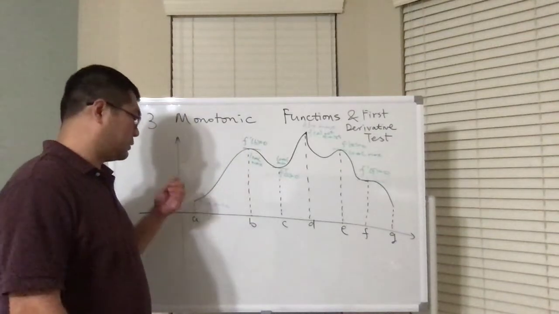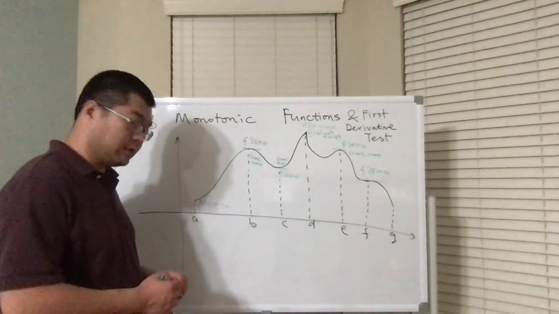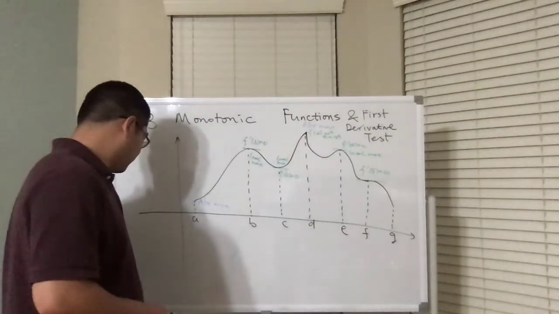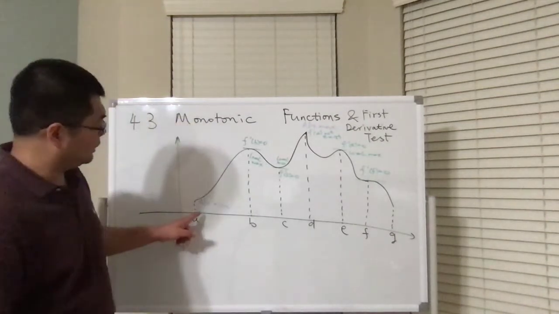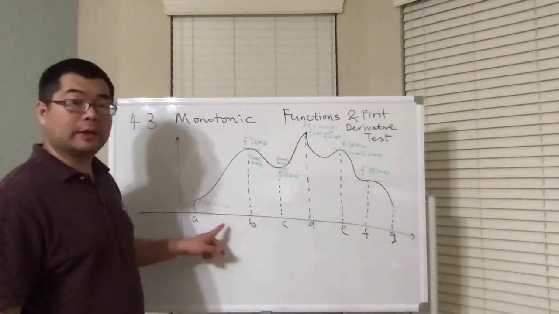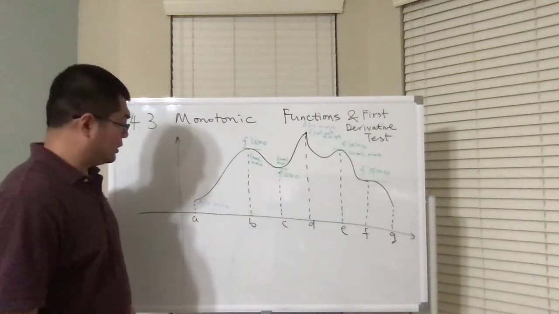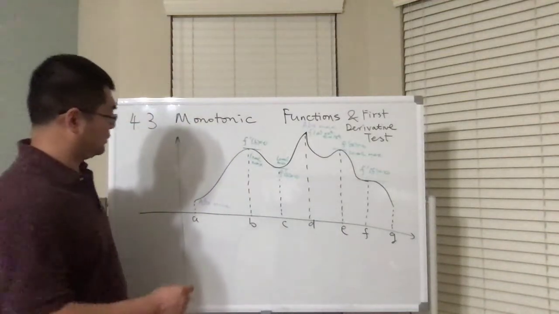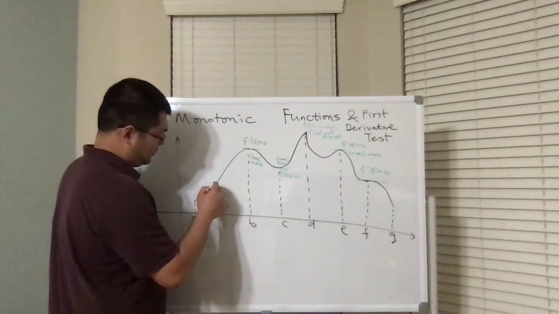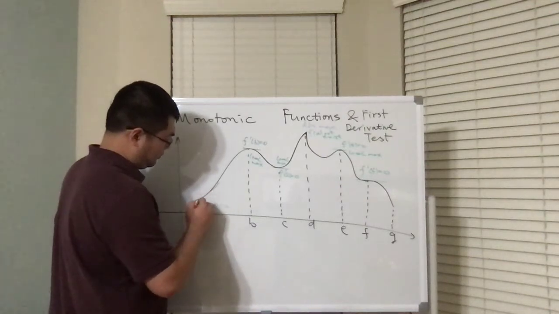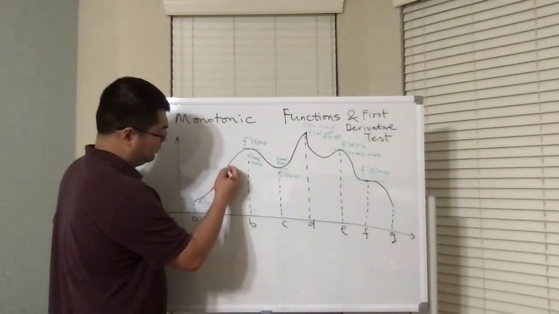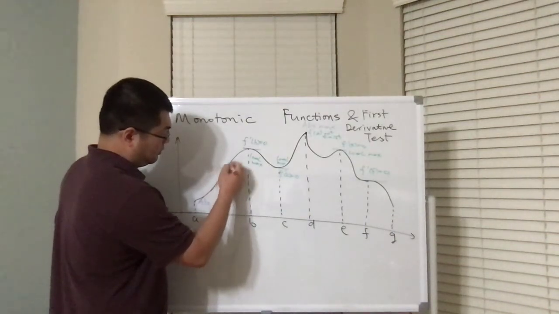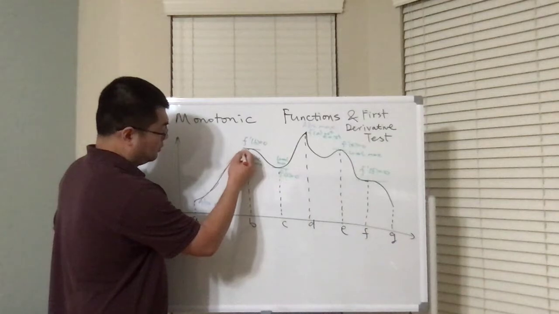But now let's think a little bit more. If we want to look at this part from A to B, and you can tell that if I draw the slope of the tangent lines, right?